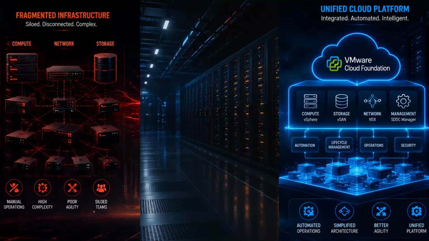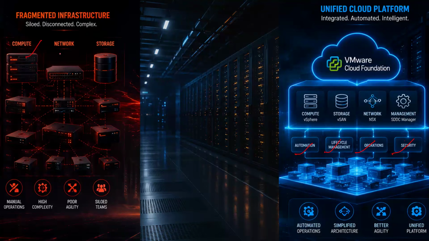And that changes everything for us, because now infrastructure is no longer just about running VMs. Infrastructure must behave like a cloud platform, meaning it should be automated, scalable, lifecycle aware, secure, operationally consistent. Now, if you look at the left side of the screen, this is how you can visualize how many environments are still operating today.